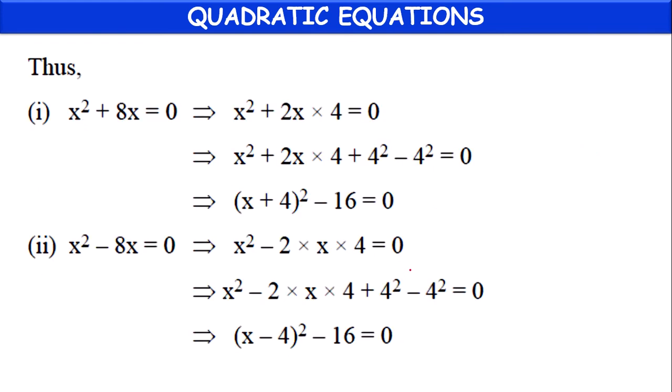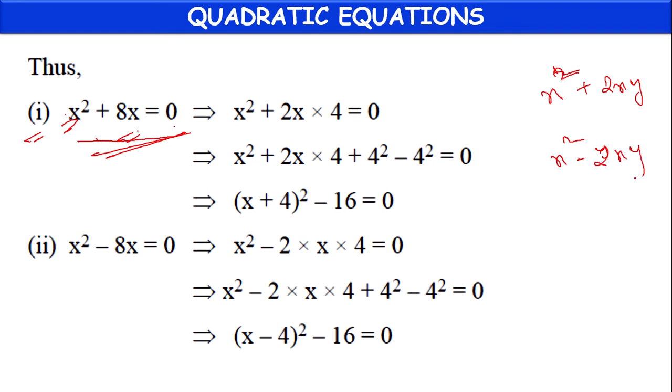Let's go to the example. In the first example, we have to solve the quadratic equation x square plus 8x equal to 0. What we have learned is that all the x terms are to be written in the model of x square plus 2xy or x square minus 2xy. So x square is in the same model, no need to change.